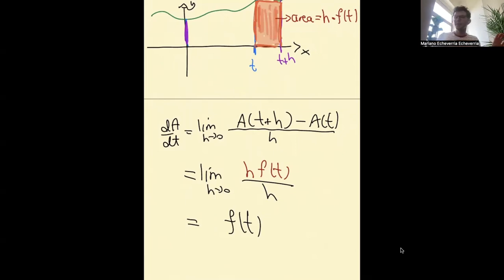Okay, let's do a 5-6 minute break, and when we come back, I'll start giving you the basic tools on how to compute this area formula with the information that we just found. Let's check back in 5 or 6 minutes.